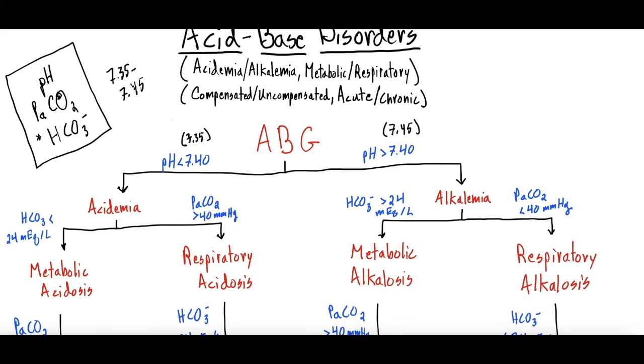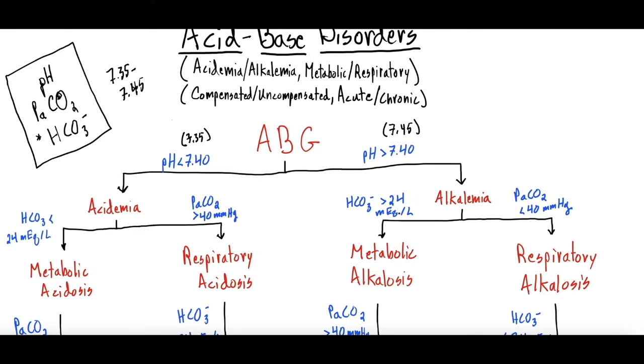All right, so if the pH is less than 7.35, it is acidemic, an acidemia, and we talked about acidemia versus acidosis in that first video. If the pH is greater than 7.45, it's alkalemia. Acidemia is that the blood is too acidic. Alkalemia is the blood is too basic or alkalotic.